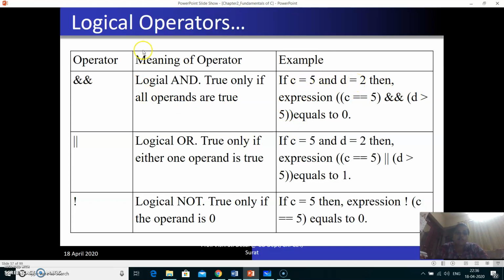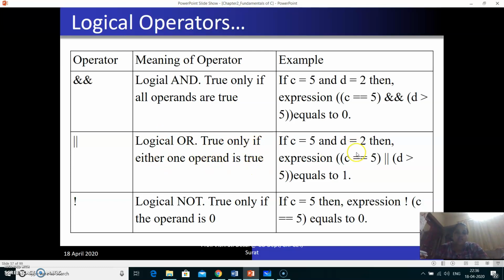In logical AND operation, it will check the first condition. If the first condition is false, it will return 0. It is not going to check the second condition. But if the first condition is true, then it is going to check the second condition. Now, the second operator is the logical OR operator. It returns true if either one operand is true.